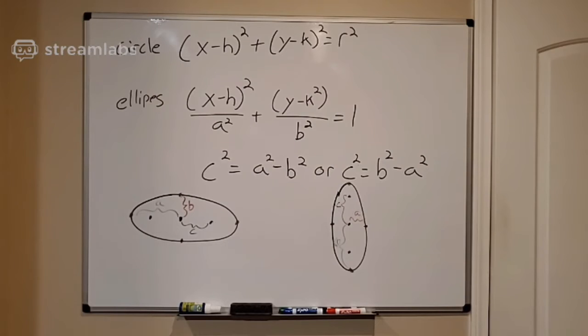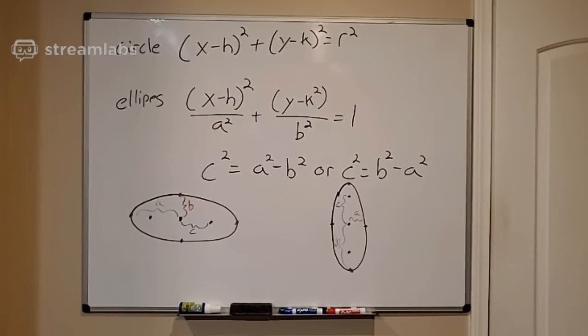Isn't it h plus or minus c for the x value and then k? There's a much easier way. What do you know about the center in relationship to the foci? It's in the middle. Yeah, it's directly in the middle of the two points. You can find the midpoint.